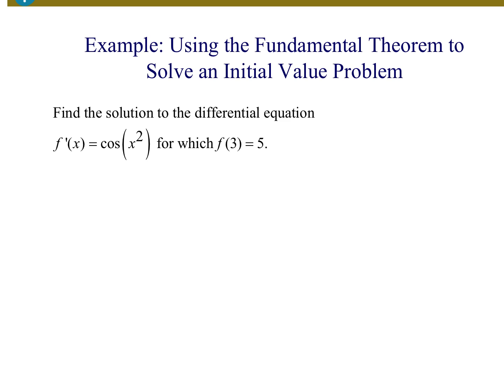All right, here's another one. Find the solution to the differential equation f prime of x equals cos x squared, for which f of 3 equals 5. All right. So f of x is going to be the antiderivative. So maybe you want to write it in dy dx if you like.